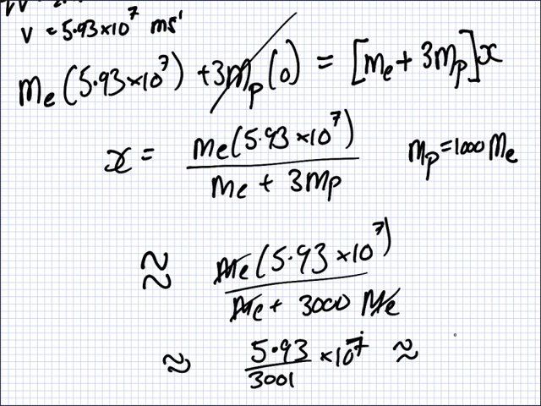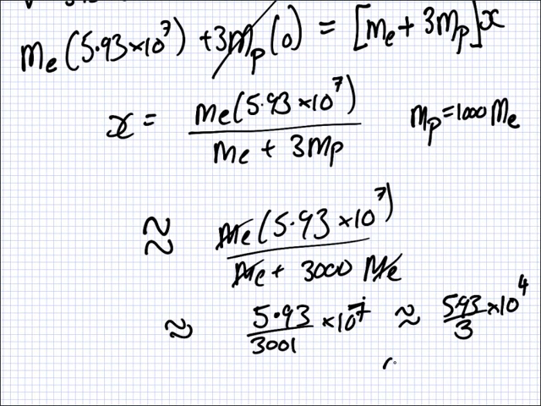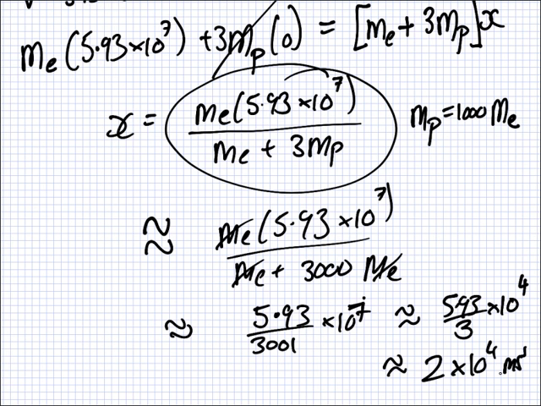So that's roughly 5.93 over 3 times 10 to the 4, so roughly 2 times 10 to the 4 meters per second. Okay. Now, of course, in the exam you use your calculator here, but I think my answer will be pretty close to the true answer.